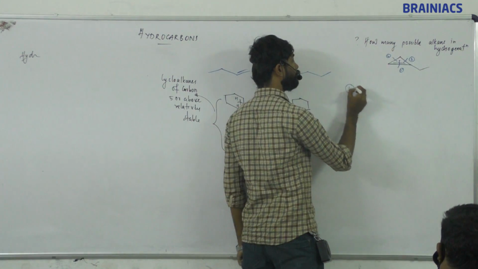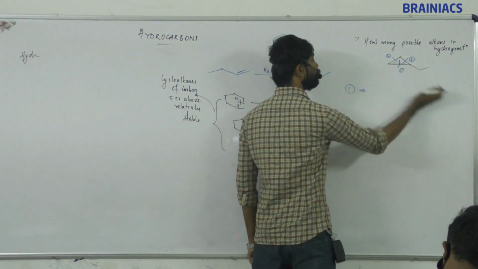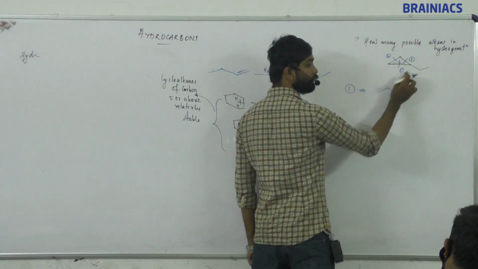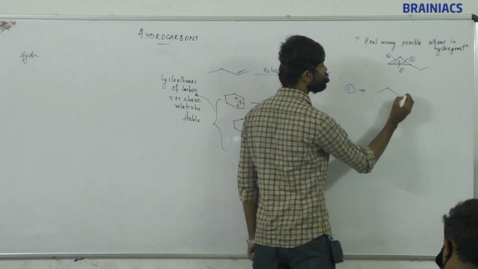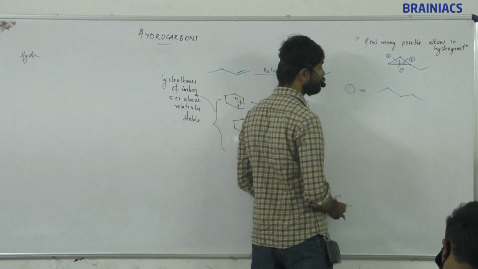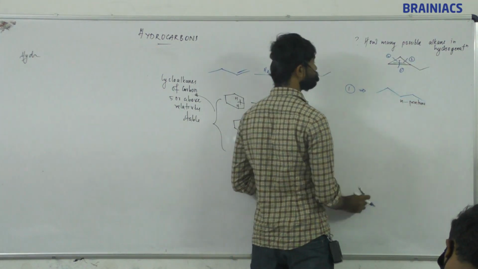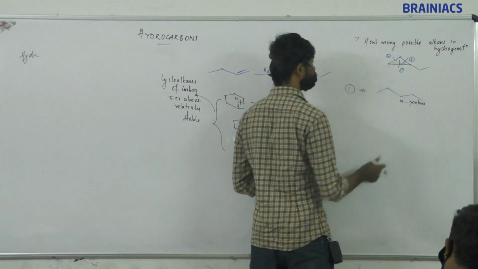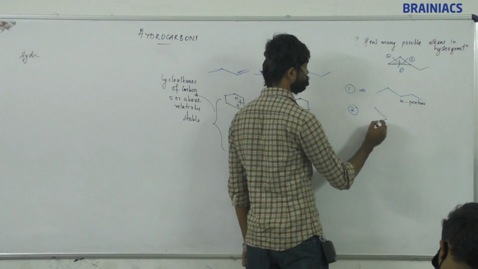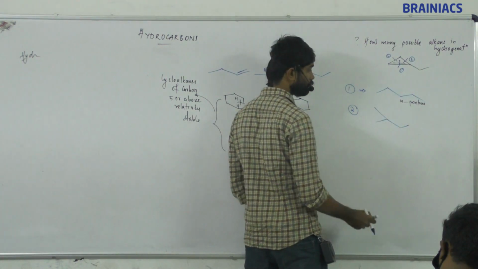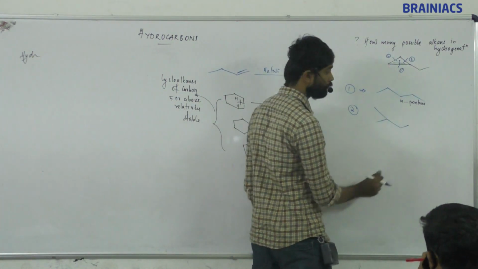So what about the product in the first chance? Listen. This is cleaved. So here become CH3, CH2, CH2. Okay, so you obtain normal pentane. Ready? Is it okay? Number two. Okay, here is the cleavage. Ready? What is it?